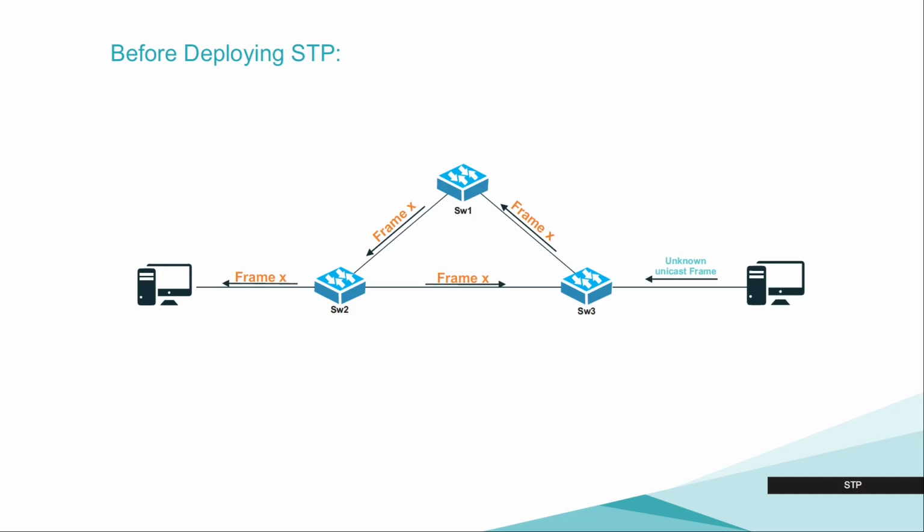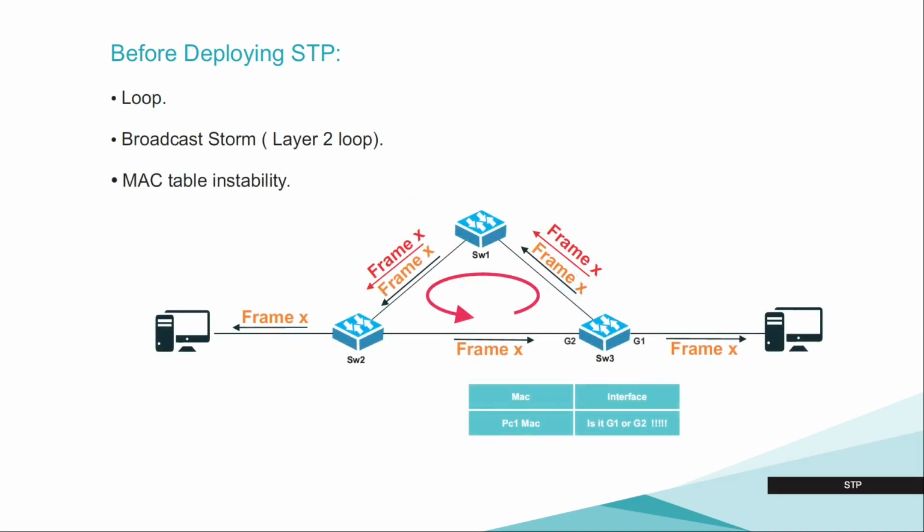So switch 2 forwards the data to the PC and also to switch 3. Switch 3 will receive this data, it doesn't know the destination MAC address, and it will do flooding. In that case, switch 3 will forward the data to the PC and to switch 1, and the switches will keep repeating that process. This process is called a loop.